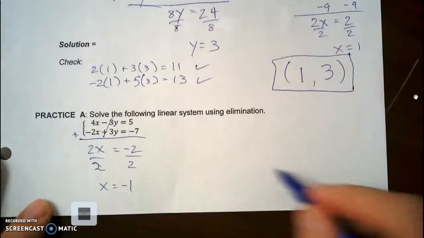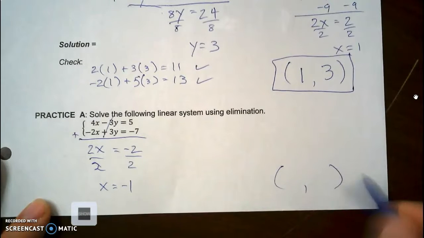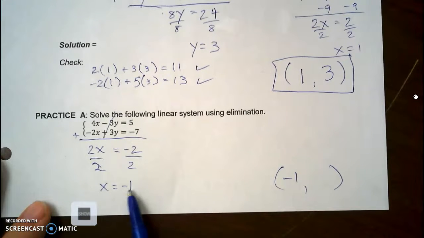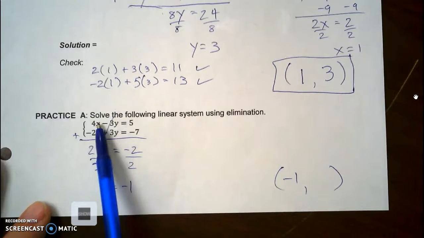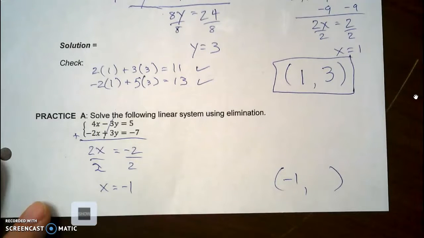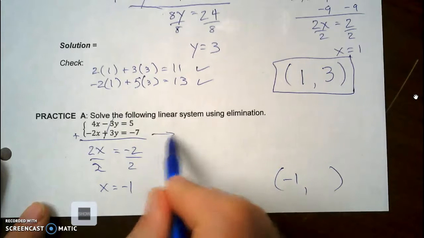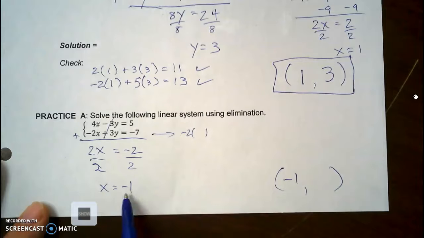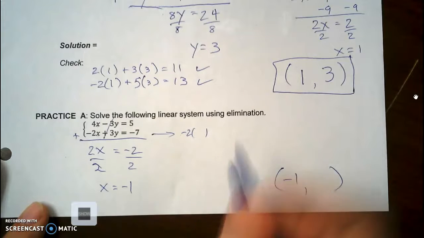So again, if I want to keep track of my solution over here, the x coordinate is negative 1. So now again, to find the y coordinate, I have to put negative 1 in either that x or in for that x. Again, same answer, doesn't matter. I'll just use the second equation. So it's negative 2. See, I'm going to replace x with the number I just got for x.